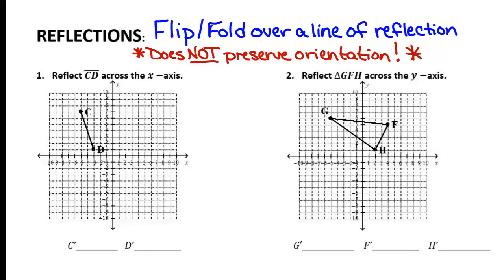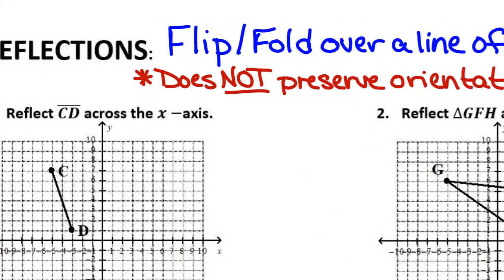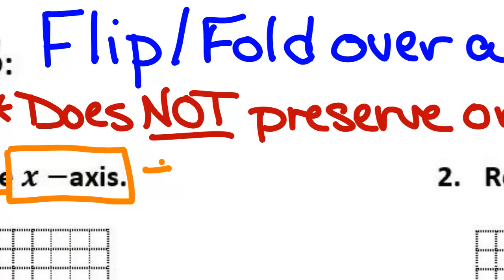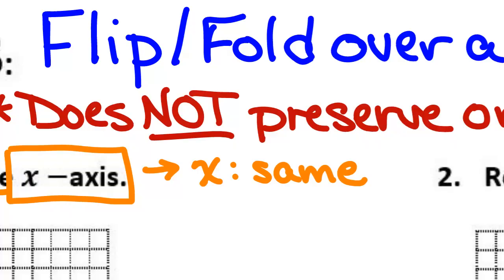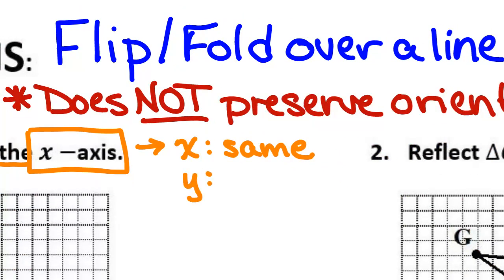When we are reflecting across an axis, across the x-axis or across the y-axis, we've got some general rules that we can use. If we are going across the x-axis, then the x will stay the same and the y will change signs.